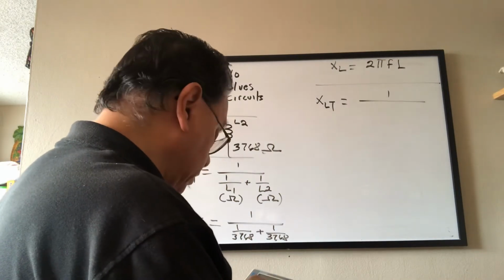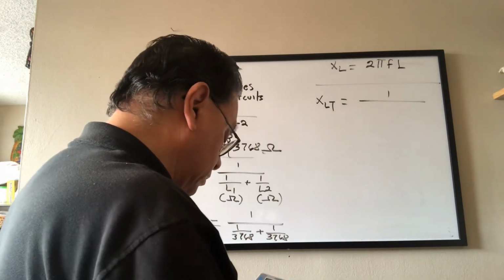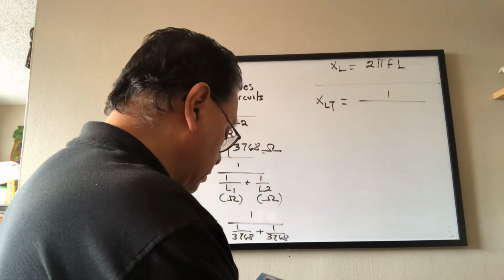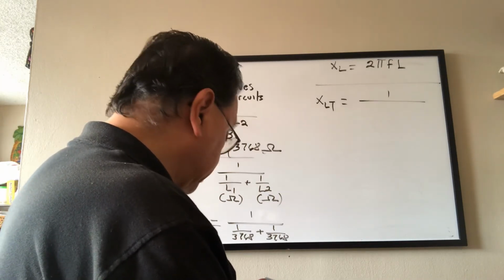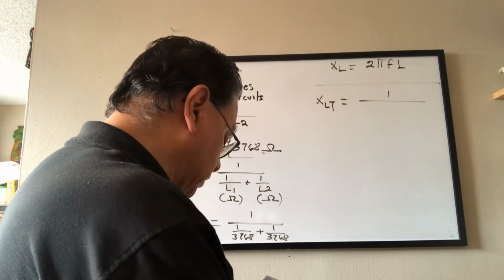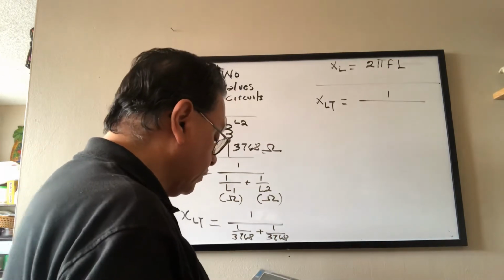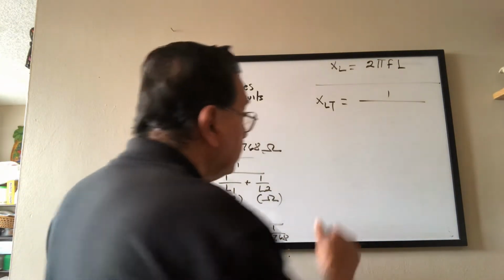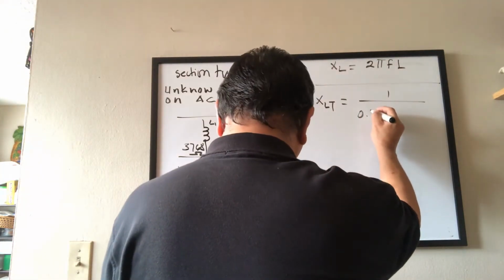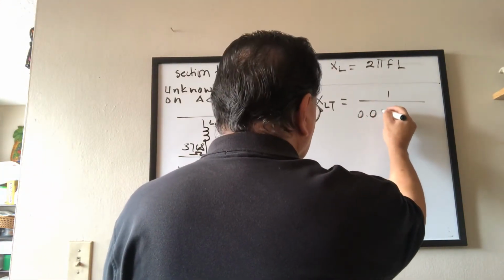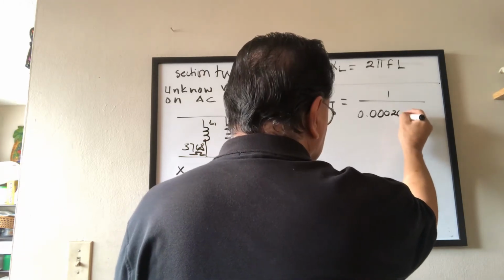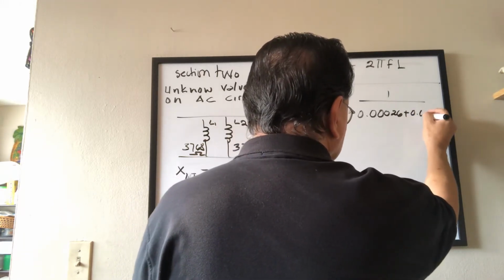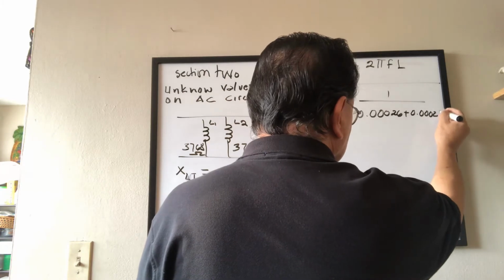One divided by 3,768 equals 0.00026 plus 0.00026.